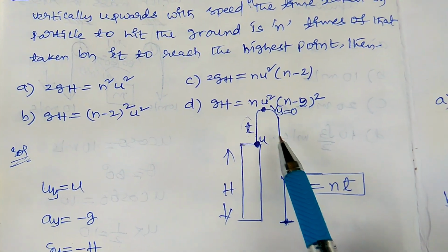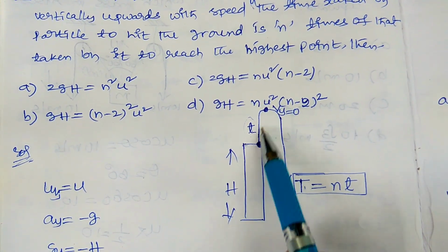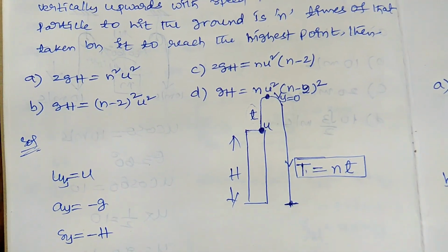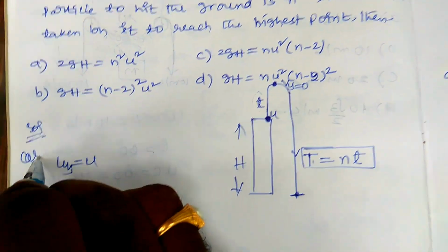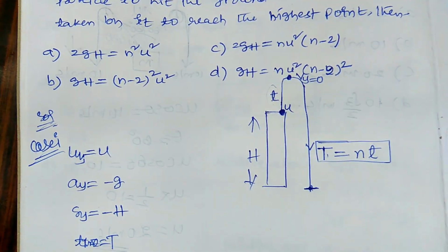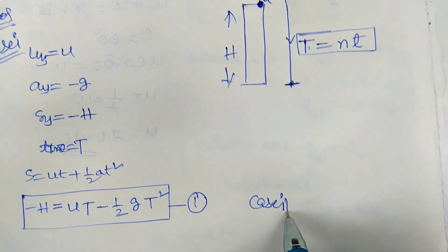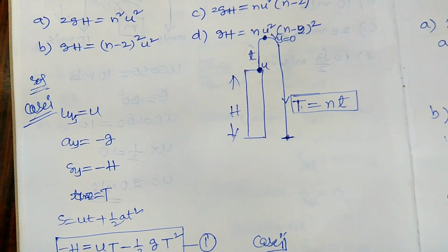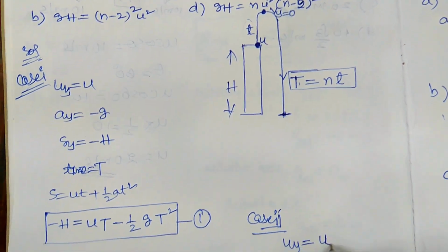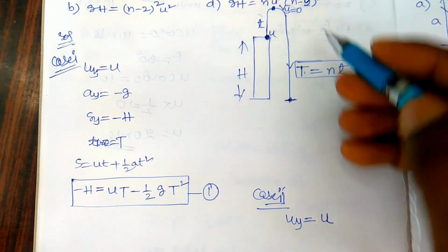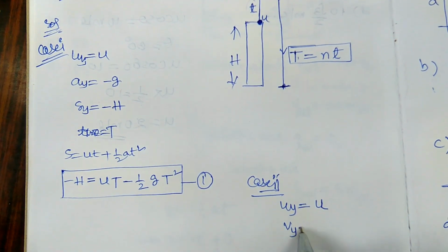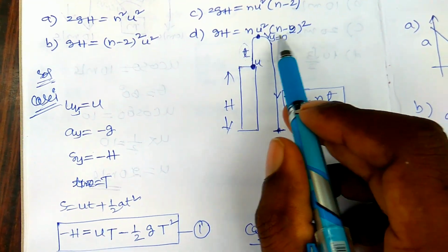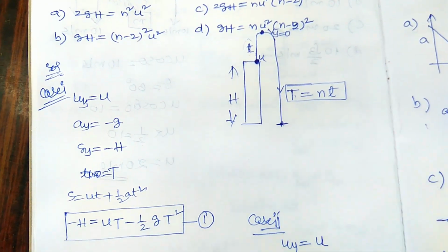Now coming to the second case, which is the time taken by the particle to reach its maximum height. This was case 1, and this is case 2. Here uy is the initial velocity of the particle, that is u, and the final velocity of the particle is 0, because it reached the maximum height point, and it will be used as initial velocity to reach the ground point.